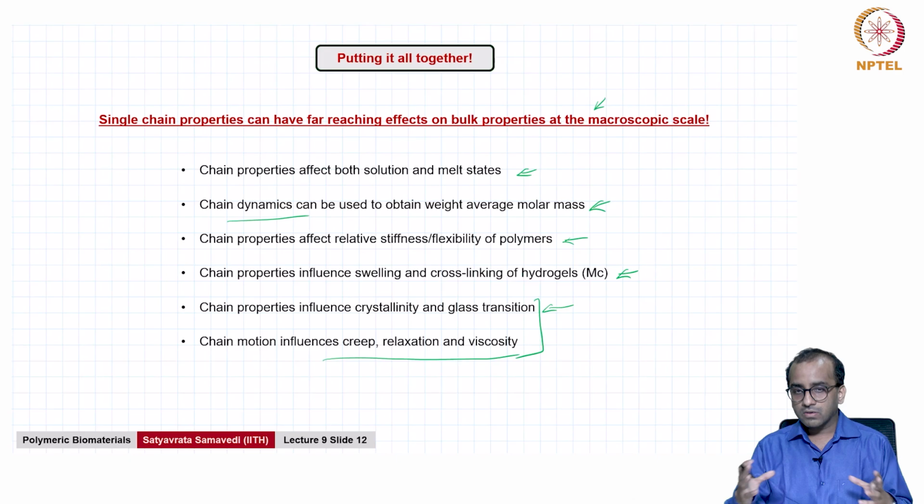So, in one slide what we are trying to summarize here is that single chain properties, while it may seem that one can ask why should we care about it, the real answer is that it is an excellent starting point for us to understand how polymers can organize or how these single chain dynamics can help us extrapolate and draw conclusions about bulk macroscopic behavior. That structure property paradigm that I have just described is something that will recur throughout this course.